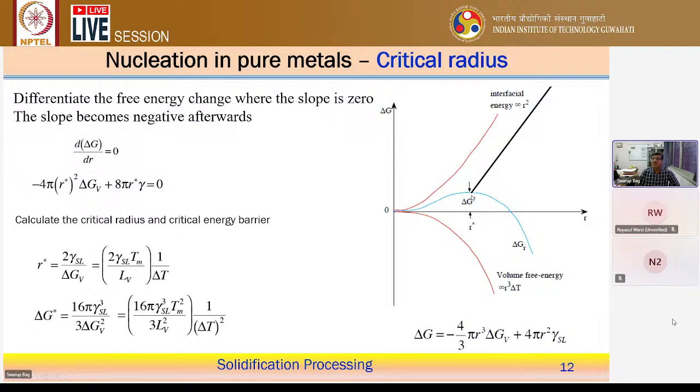That optimum point is the required critical energy barrier, and corresponds to the critical size of the nucleus. This is true in the case of the homogeneous nucleation process, meaning there is no external aid to start nucleation. These are the typical understandings of nucleation in pure metal, the homogeneous nucleation process in pure metal.